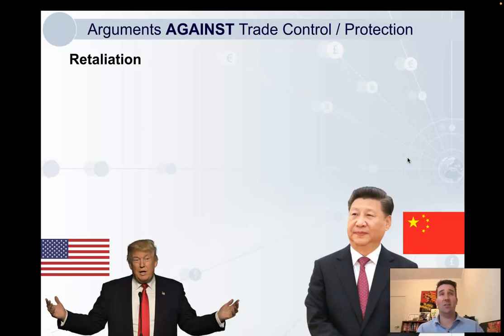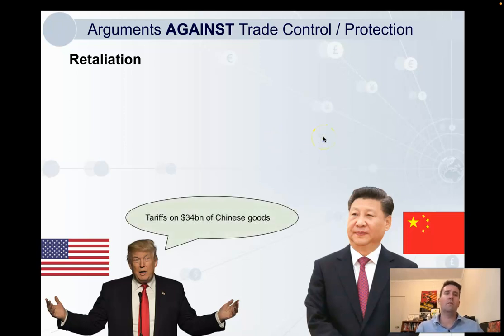Okay, retaliation. If a country imposes tariffs on imports, it should be no surprise that the other country will retaliate because they're hurting their industries. This is exactly what happened between the US and China in their trade war recently. The US started because they thought China weren't playing by the rules, right? So they put tariffs on $34 billion worth of Chinese goods that come into the US.